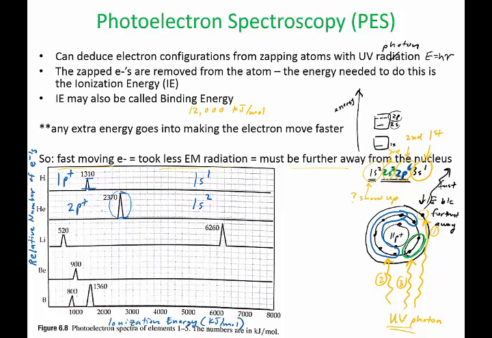So you'll notice that this took more energy. And this peak is twice as high as this one, meaning there are 2 electrons. So look at the y-axis here. The peak is twice as high because it's 2 electrons versus 1 electron for hydrogen.